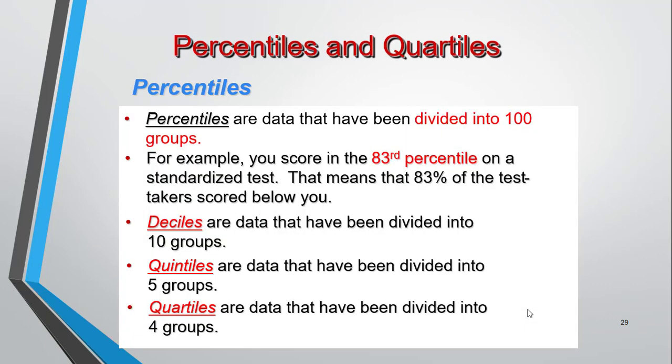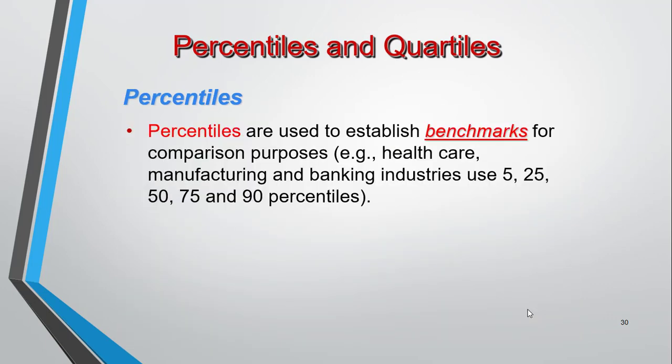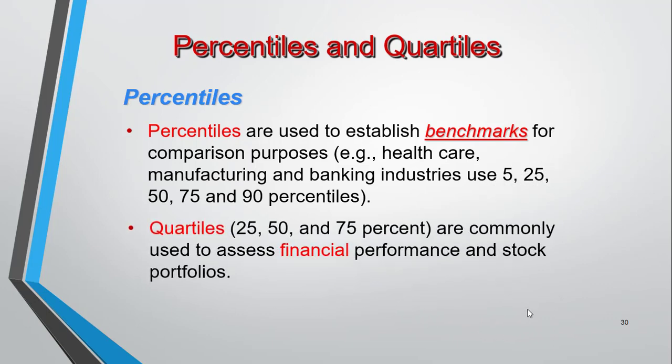Percentiles are used very often to establish benchmarks for comparison purposes. For example, in healthcare, in manufacturing, in banking industries, they use the 5%, 25%, 50, 75, 90 percentiles. Okay? And quartiles are used in financial industries a lot. Okay? 25, 50, and 75%. That's quartiles, 4 quartiles.